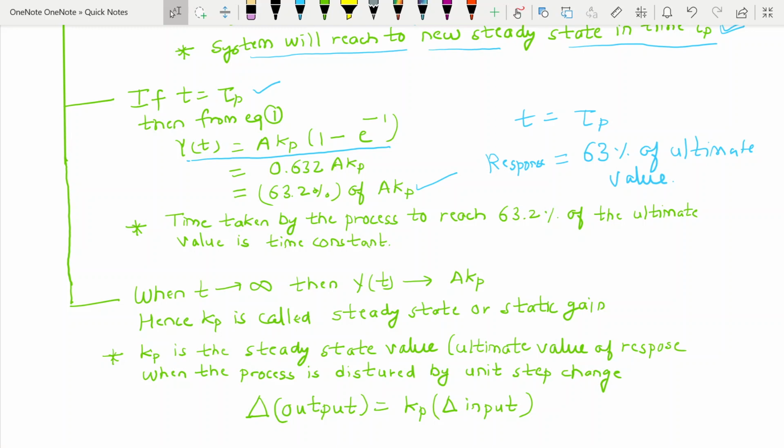So I can define: the time taken by the process to reach 63% of the ultimate value is called the time constant. ओके, तो इस तरीके से हम लोग टाइम कांस्टेंट को डिफाइन कर सकते हैं. तो बेसिकली अगर यहाँ पे देखा जाए तो टाइम कांस्टेंट tau p, that deals with fastness of system.